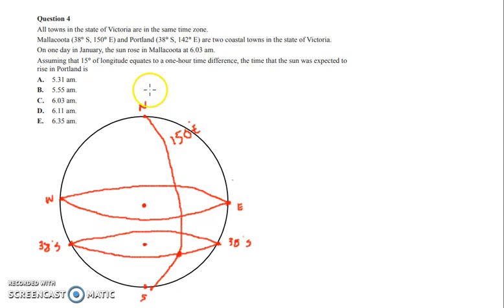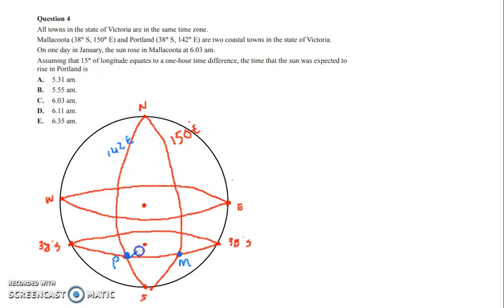The next one is 142 degrees east, which is Portland. 142 degrees from 0 isn't as far as 150, so let's just draw it around here. And there's our second location. So this one here is Portland, we'll give that a P, and this one here is Mallacoota, let's give that an M.